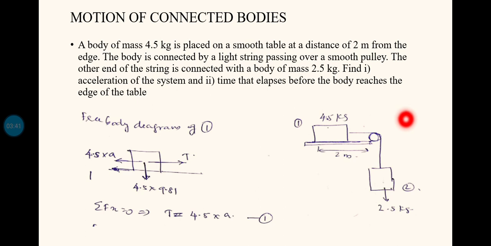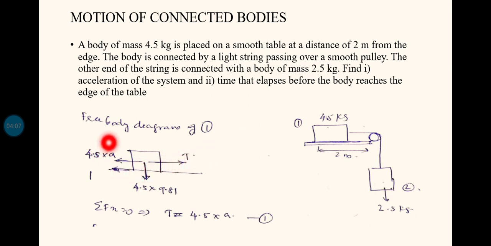This direction of motion is very important, since we have to apply inertia force opposite direction to the motion of the body, then only it will be in equilibrium. So the direction of the motion of the body is very important. So this body is moving towards the right, so inertia force I have to apply towards the left. That means ma I have to apply from right to left, then only the body will be in equilibrium.